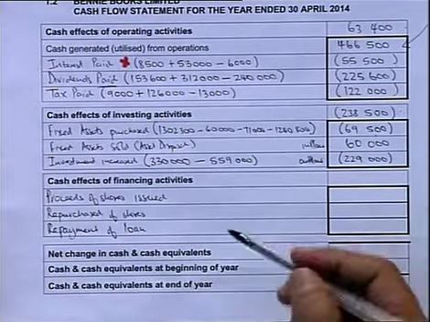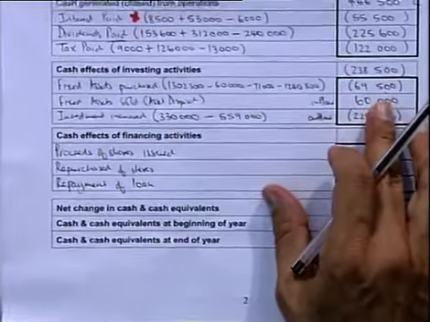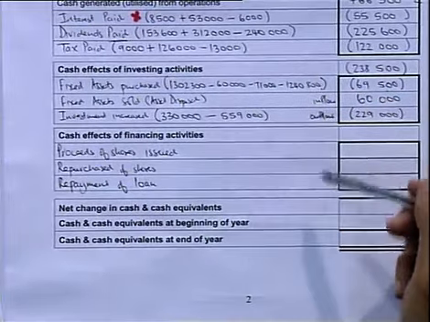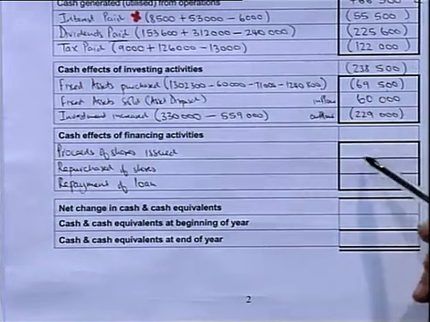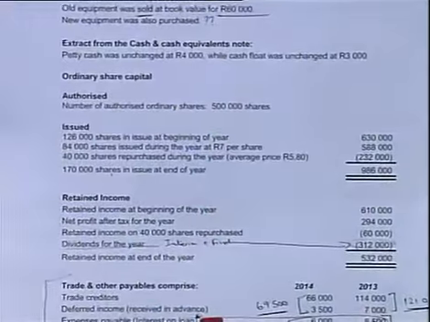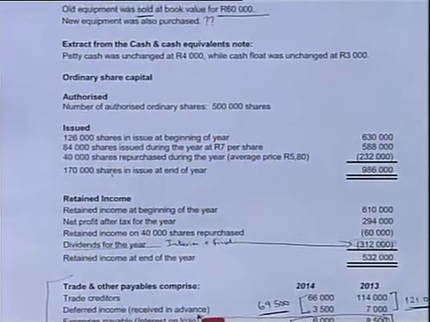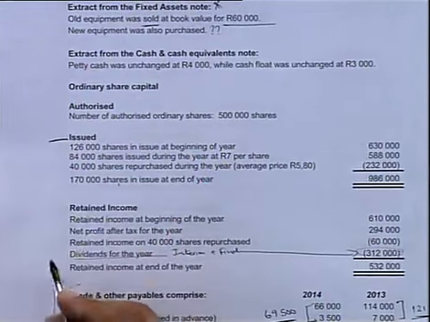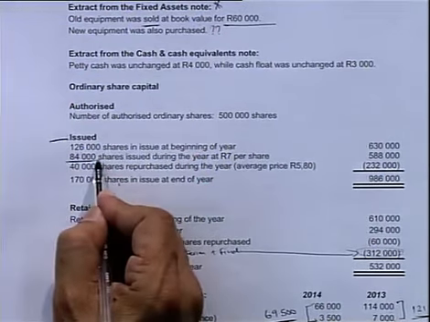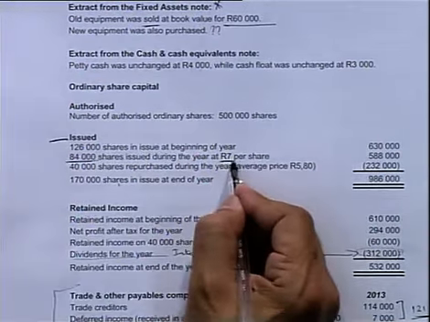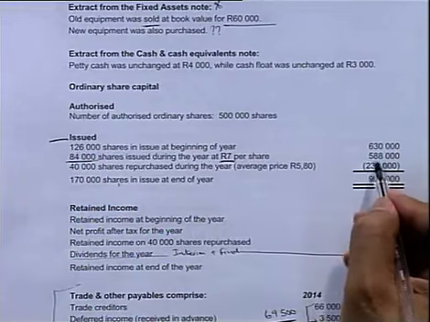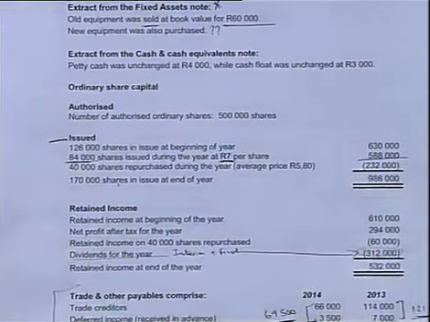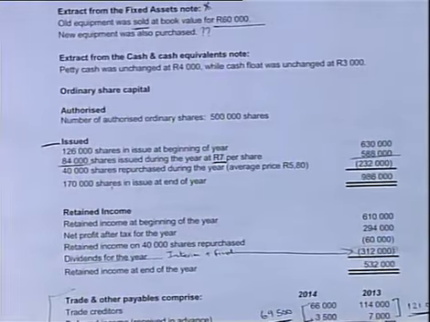Okay. So for those three items, we now have to look in the additional information to see if we can find any of those items over there. The first item we're looking for will be the issuing of extra shares. So there we have a heading, issued. It says that we've issued 84,000 extra shares at 7 Rand, and we received 588,000 for those 84,000 shares.